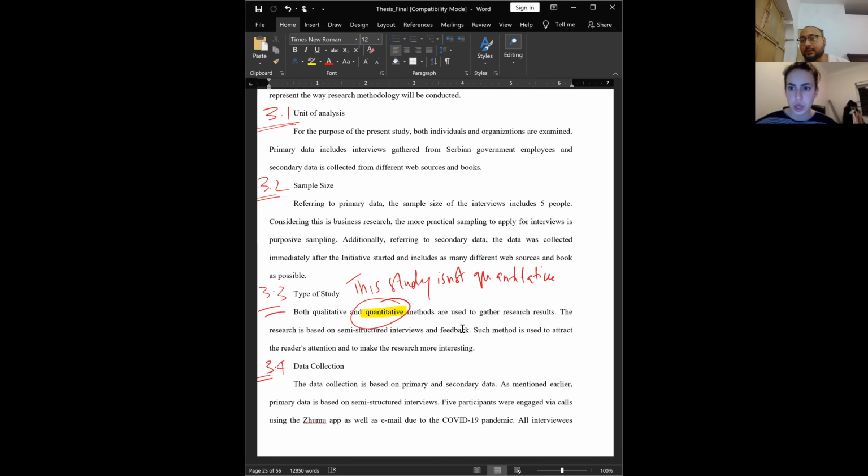You are not giving them a range or rankings. You are not using someone else's questionnaires. You are not asking them to grade questionnaires on a scale of 1 to 5. So that is not quantitative, that is qualitative. What is the purpose of qualitative? You interview, you extract some variables from those interviews. So remove that one as well.